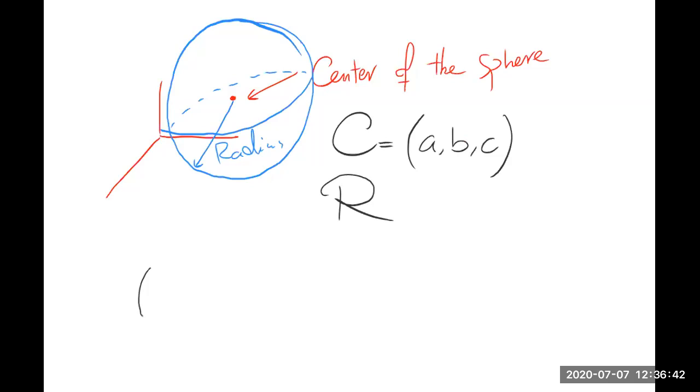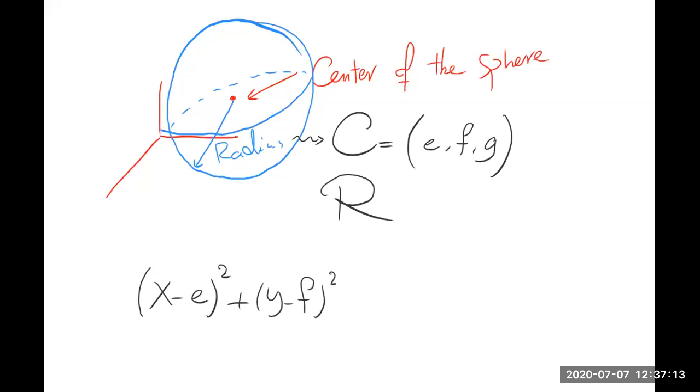The equation of a sphere with center abc, well, maybe I shouldn't use abc because I already have C. Let's use other letters, say e, f, g. They're just numbers. The equation would be (x − e)² + (y − f)². Up to this point, it really looks like a circle. It has another part, which is (z − g)² = r².